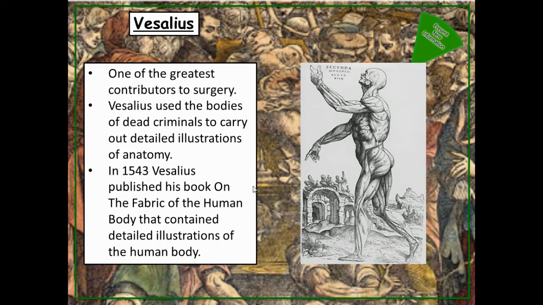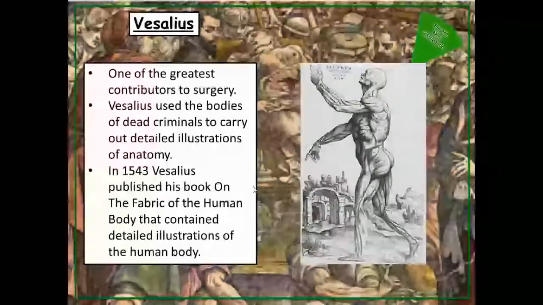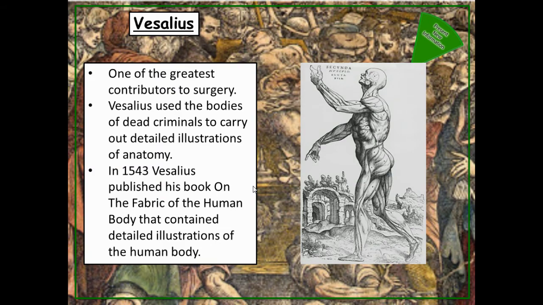So he was a Flemish dwarf from Belgium who was very interested in the human anatomy, so what humans look like on the inside of their bodies. He used the bodies of dead criminals to carry out detailed illustrations of anatomy, and you'll see one of his illustrations on the right-hand side here.